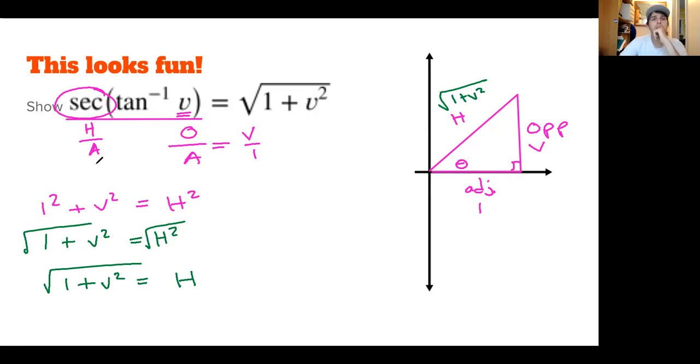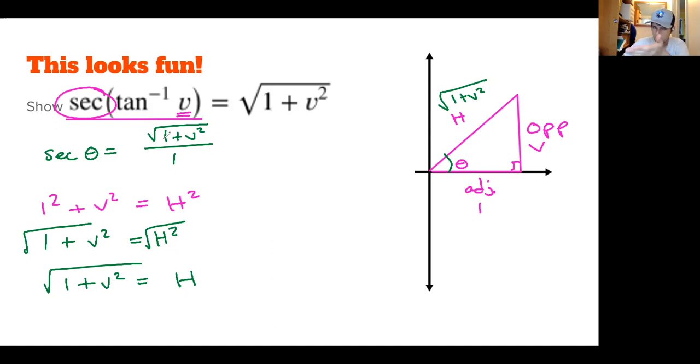So now, remember, our goal here is not to find the angle, but to find the secant of this angle. Secant is equal to hypotenuse over adjacent. So the secant of this angle is going to equal the hypotenuse over the adjacent, which is square root of 1 plus v squared over 1.